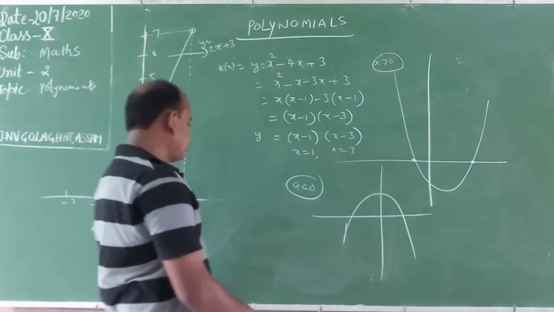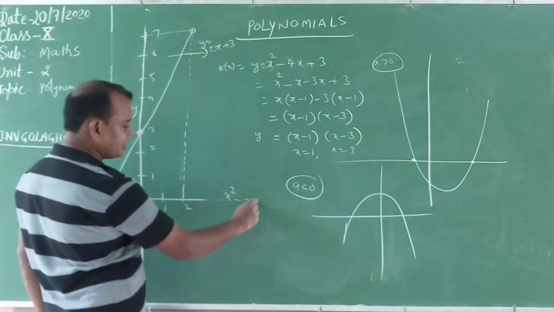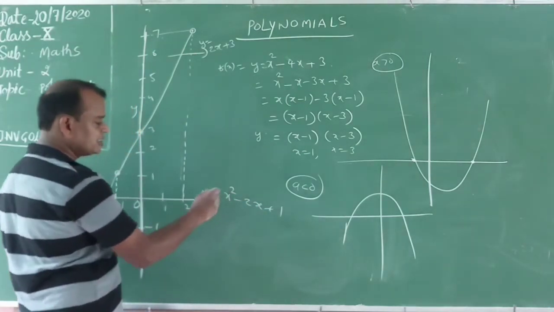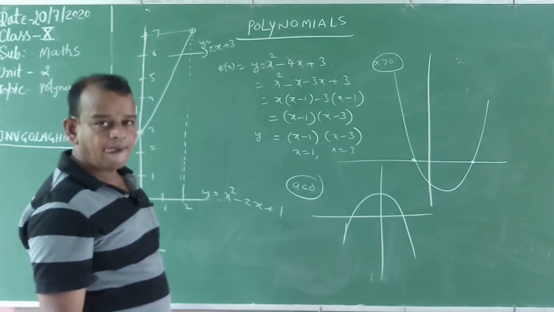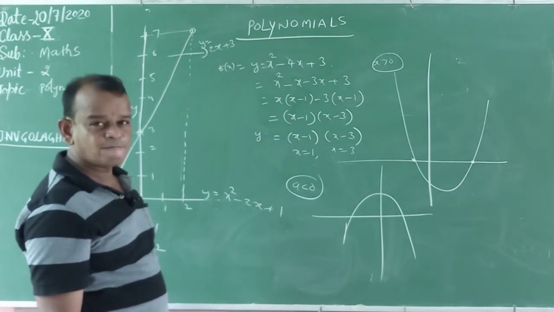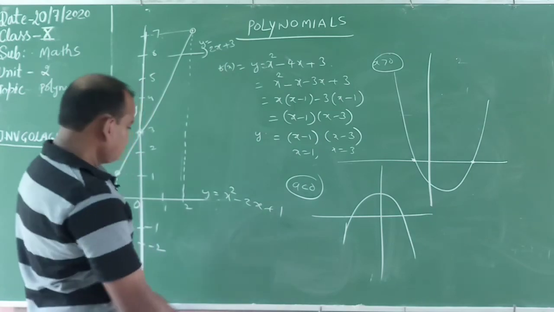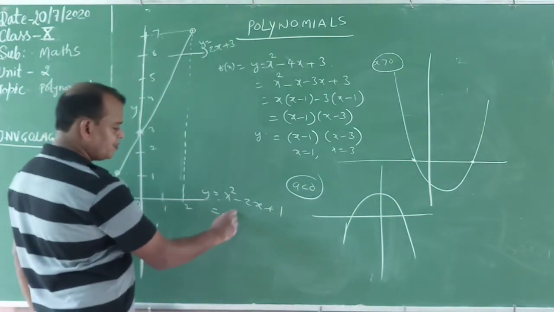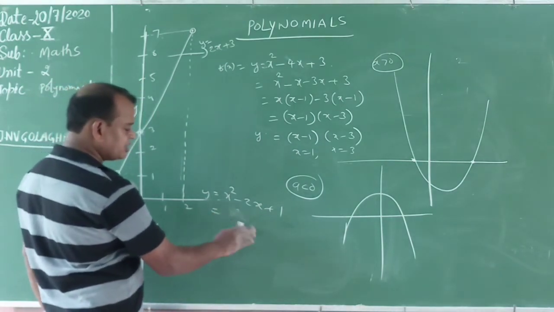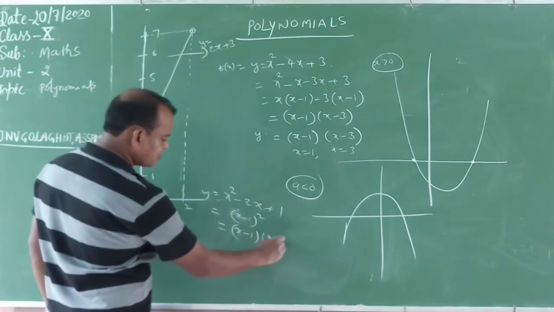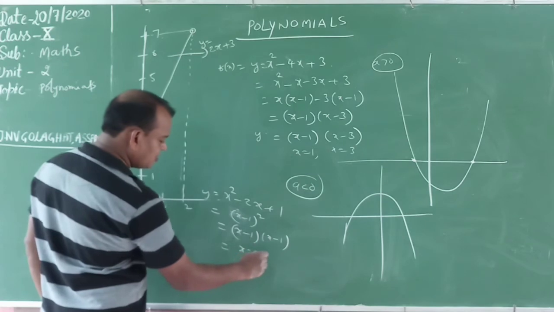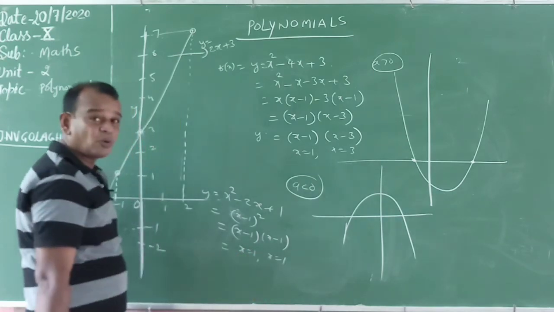For suppose, we take x square minus 2x plus 1, y is equal to x square minus 2x plus 1. This is x minus 1 whole square, meaning x minus 1 into x minus 1. What happened? x is equal to 1, comma x is equal to 1, repeated, coincident roots.